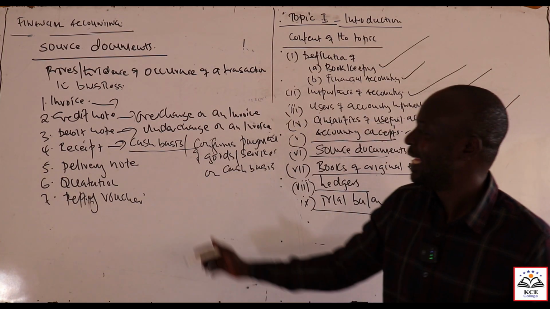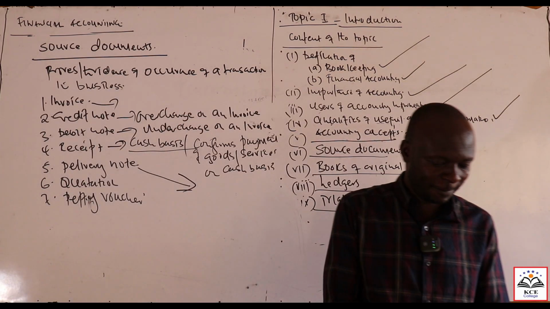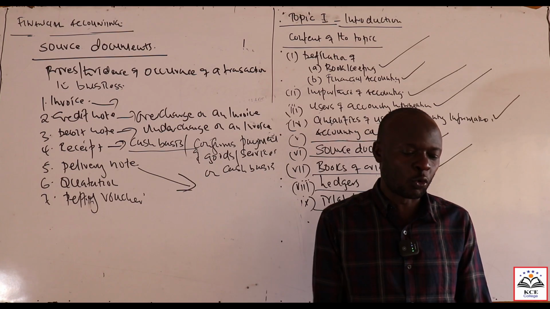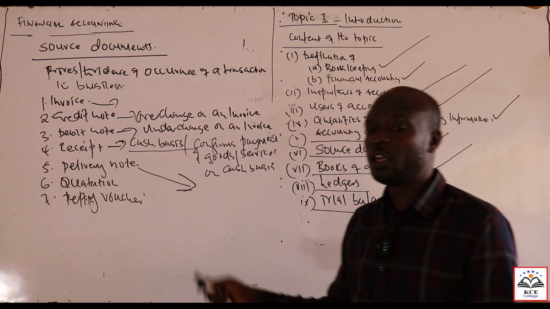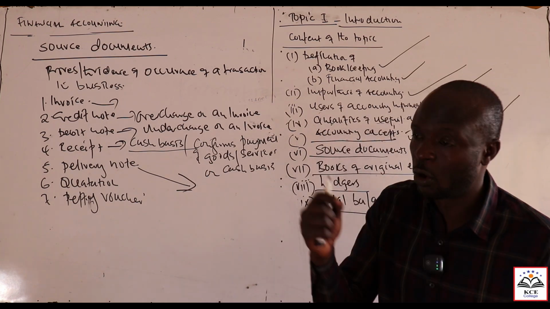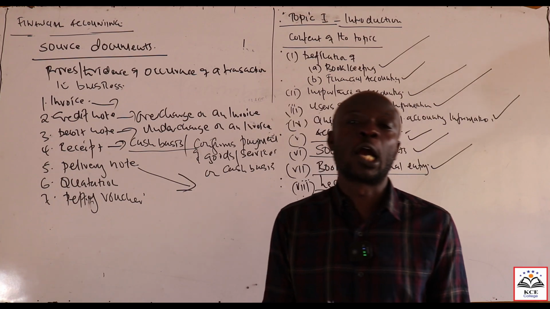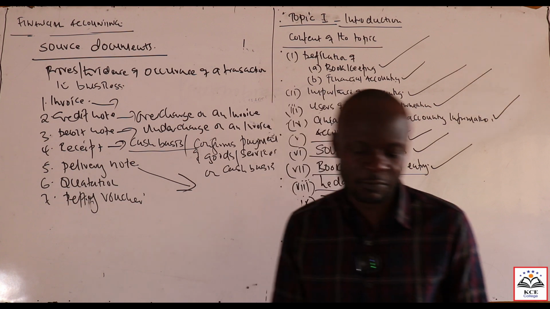Then we have a delivery note. A delivery note is a document that confirms that goods were delivered to the customer. So when you deliver goods to the customer, he has to inspect them, certify that they are okay, and then acknowledge the delivery by signing a delivery note.